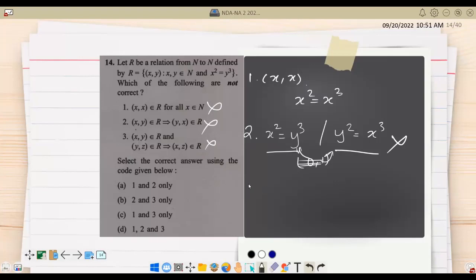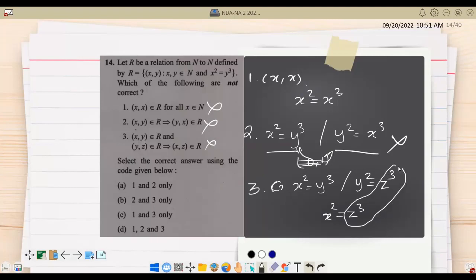Regarding the third relation, even by looking at it, I can say that this is not true. But let me show the proof. Obviously (x, y) belongs to the relation, so x square equal to y cube, and (y, z) belongs to the relation, so y square equal to z cube. Now check if (x, z) belongs to the relation, that would be x square equal to z cube.